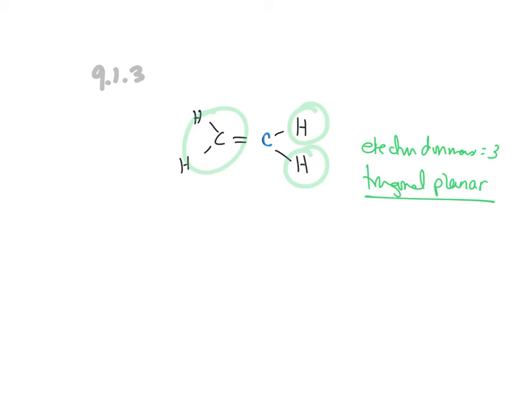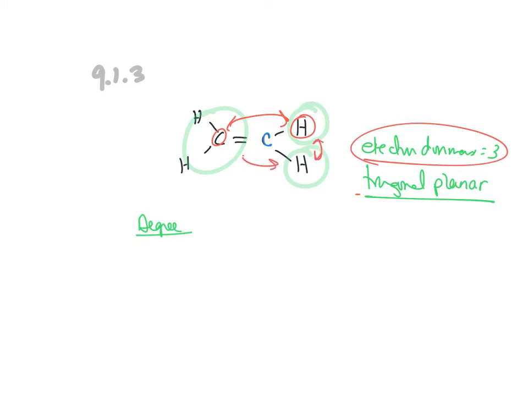And now, the angle between this group and that group is always based on the electron domain, okay? And so this is going to be less than 120 degrees. If this had been a hydrogen, then it would have been exactly 120 because it's based on carbon hydrogens, but because this is a carbon, everything's going to be less than 120.